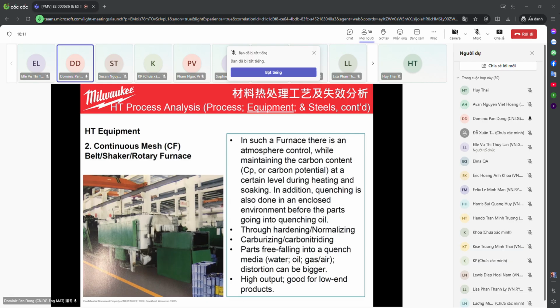Another one is austempering. Austempering means the parts are quenched inside molten salt baths. As far as we know, up till now, all austempering furnaces are of the continuous mesh furnace type. So for the tempering heat treating, we accept using the continuous mesh furnace. This is the only exception.